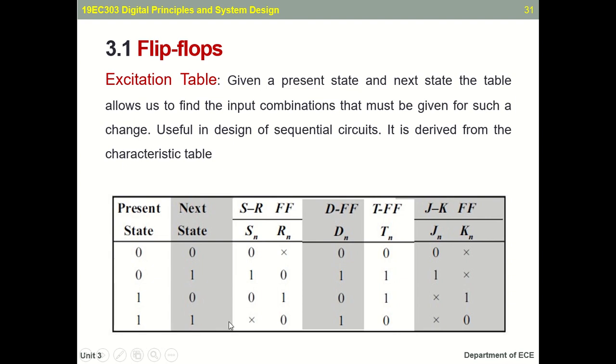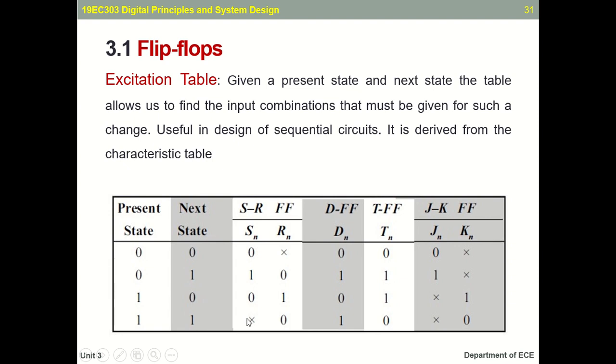When both present and next state are 1 and 1, S can be of any value, because for R it is an indeterminate state. It can maintain the same value or it can be changed.